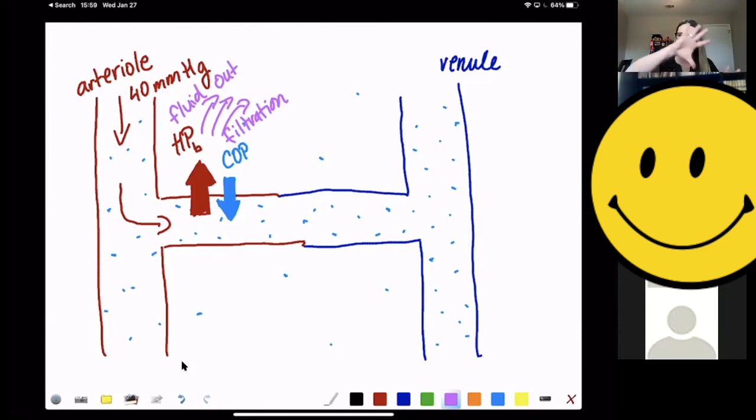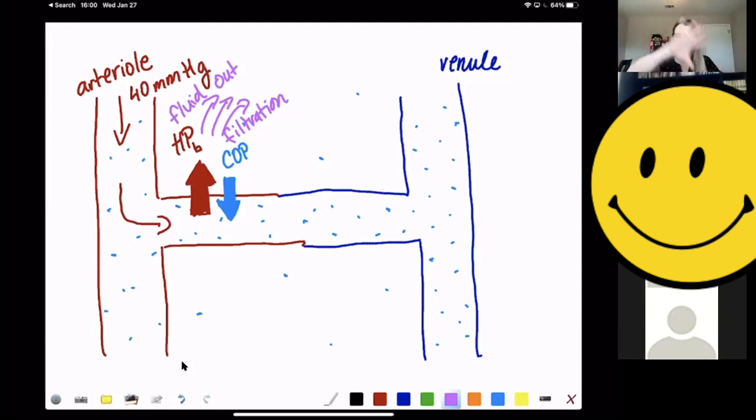Imagine this fluid flowing along and among the cells that are in that interstitial space and that tissue. It's going to flow around them. As it's doing that, the nutrients are going to be absorbed by the cells. The oxygen is going to be taken by the cells, and anything else that the cells need is going to be taken by the cells. And as the fluid flows through, it's also picking up carbon dioxide and metabolic waste from the cells.